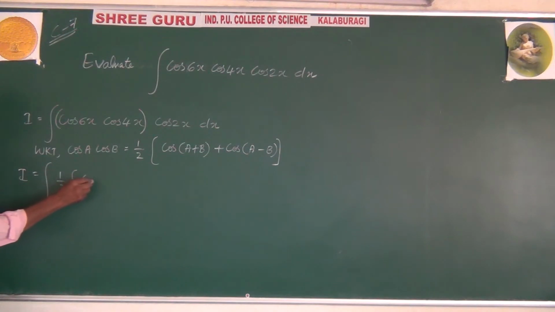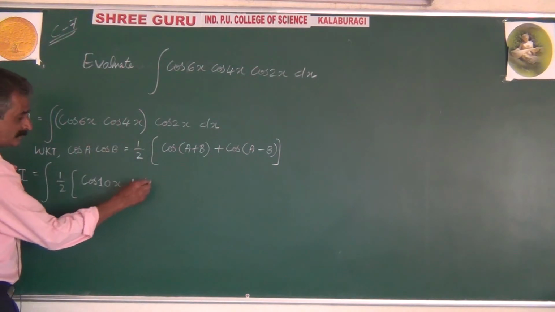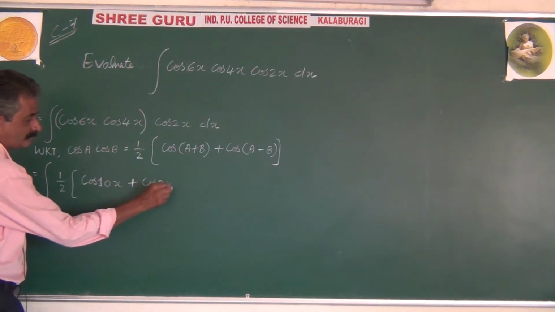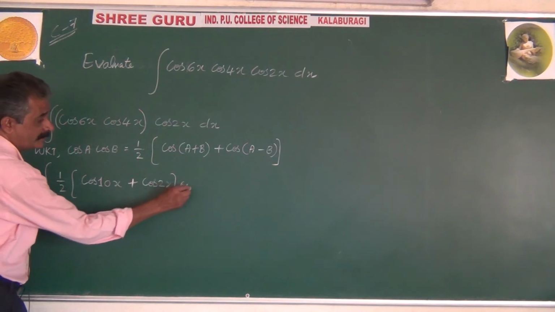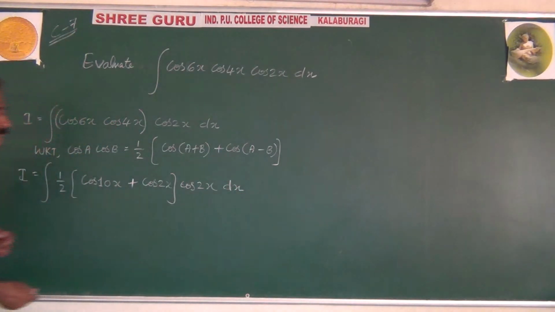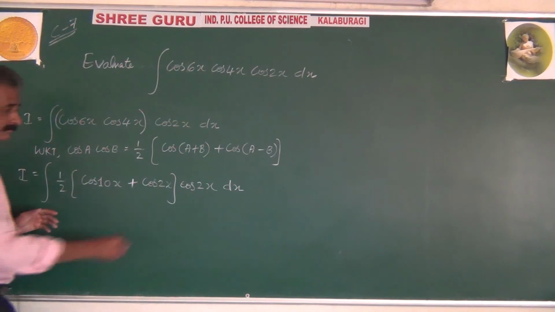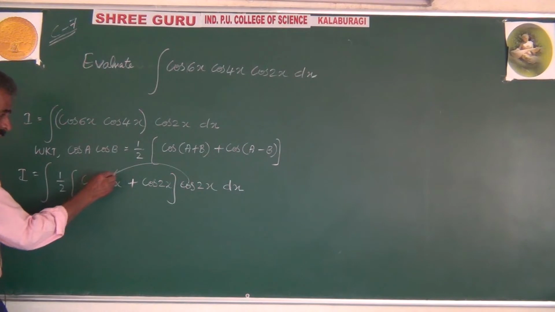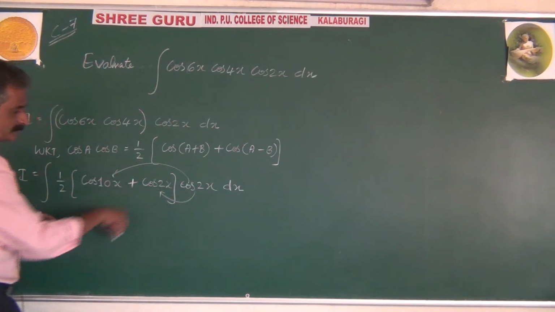Cos of A plus B will become 6x plus 4x, which is 10x, plus A minus B means 6x minus 4x, which is 2x, into the cos 2x that is already there. The 1 by 2 can be kept outside, and at the same time multiply the bracket with cos 2x.